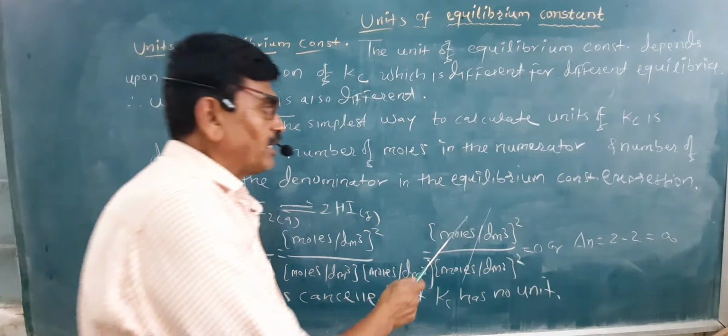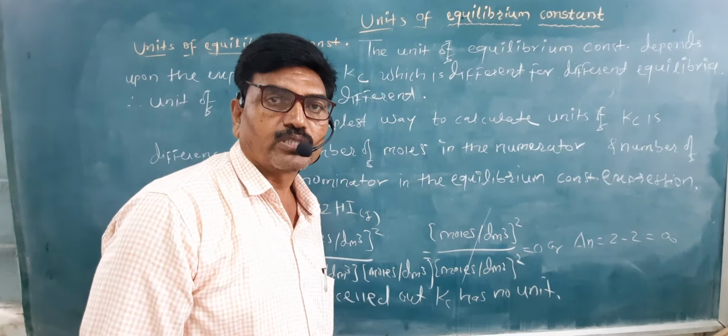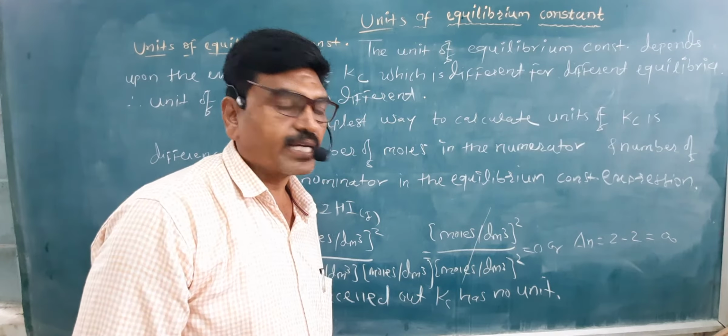So how do we find the unit of Kc or Kp? It can be calculated from the difference between the number of moles in the numerator and the number of moles in the denominator. In this way, using the equilibrium constant expression, the units of the equilibrium constant for a specific equilibrium reaction can be determined.